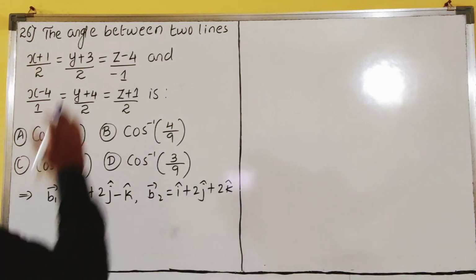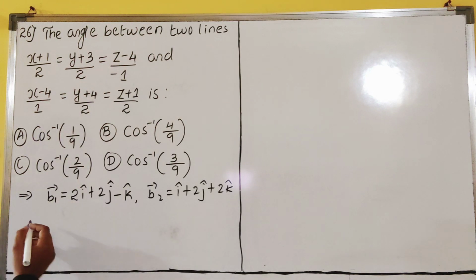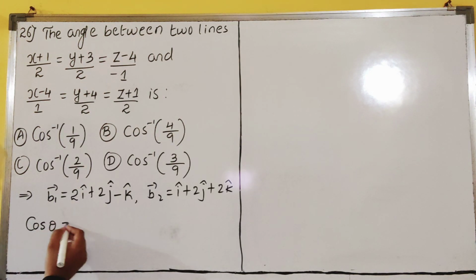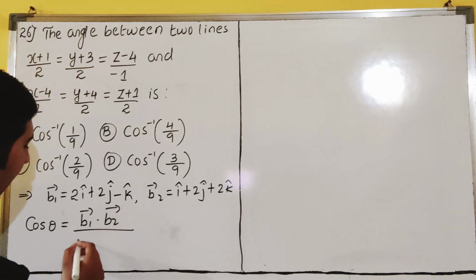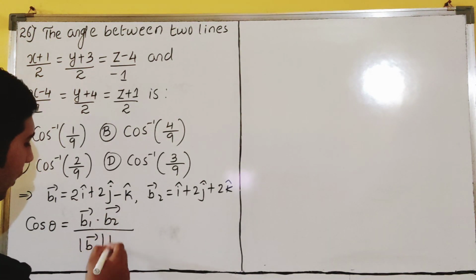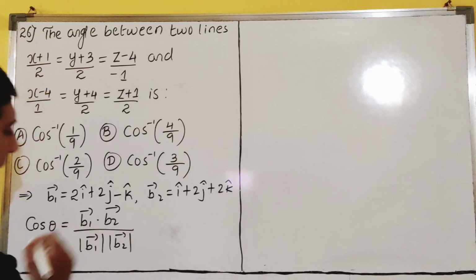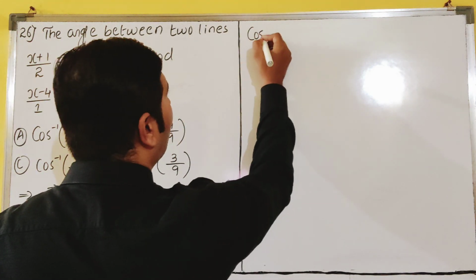So now what is the formula for finding the angle between our two lines? We have a formula: cos theta is equal to vector b1 dot vector b2 divided by magnitude of b1 into magnitude of b2, dear students. So cos theta, you substitute b1 and b2.